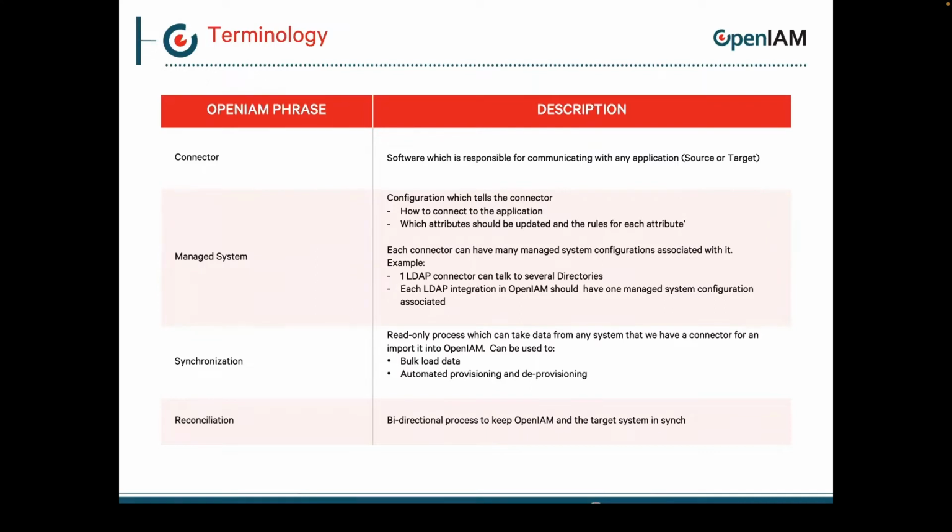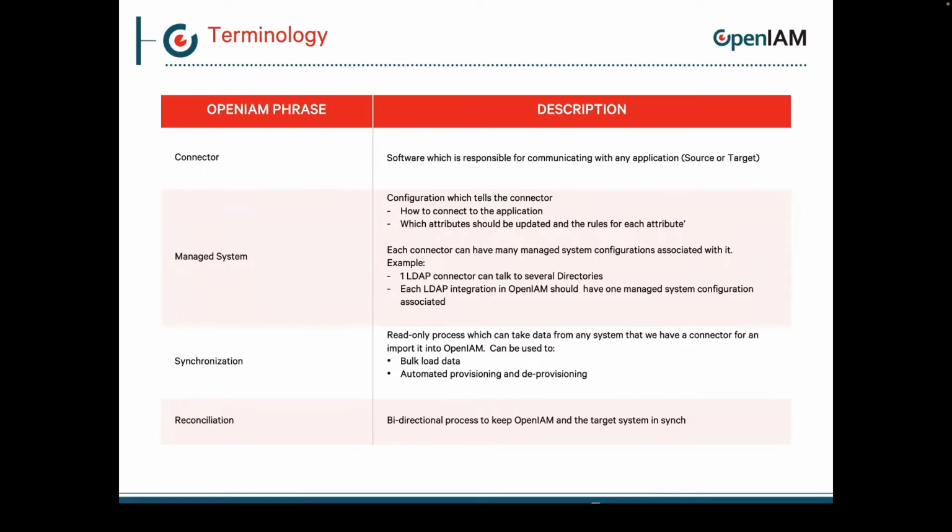Synchronization is another word that we'll be using today, and synchronization is how we do several things. In the context of today's session, we're going to be using it to import data from our target systems. We'll bring in data from Active Directory, your users and your groups, and bring them into OpenIAM.